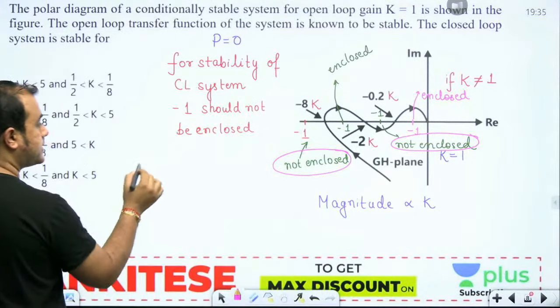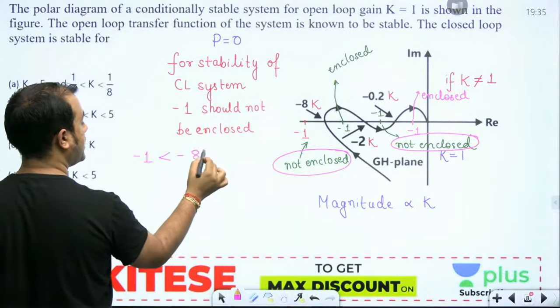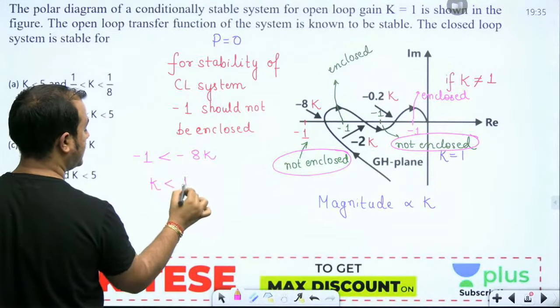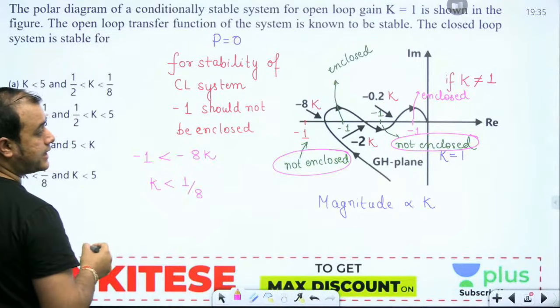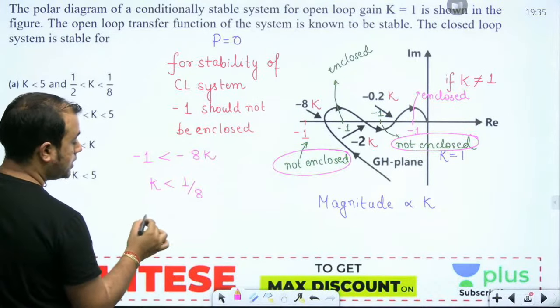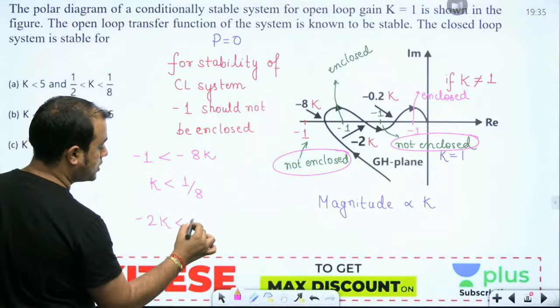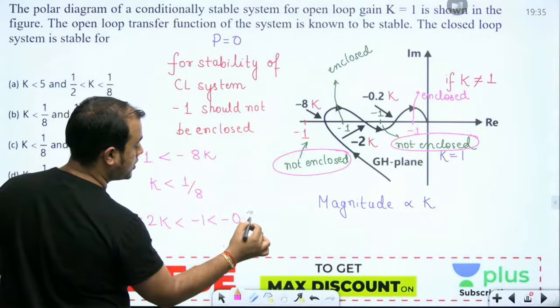So first case is -1 is less than -8k. So you can say k less than 1 by 8. First case. The second one, that -1 lies between -2k and -0.2k.